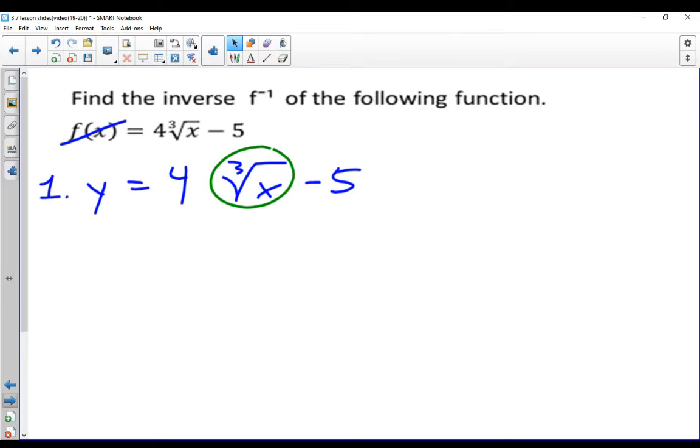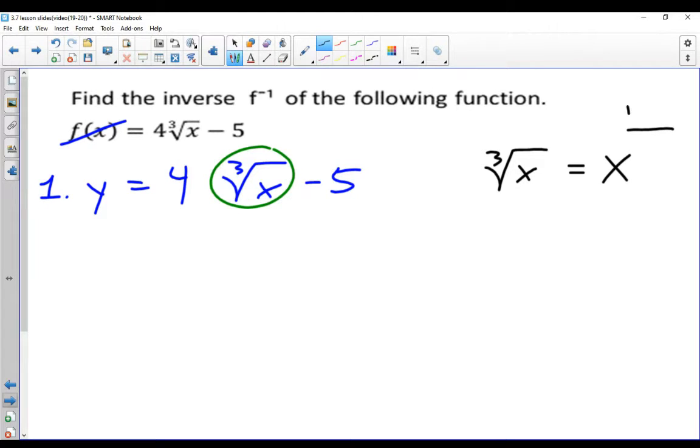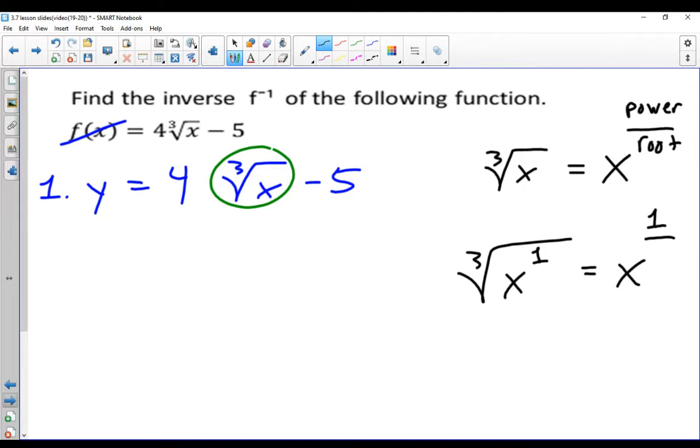Well, I need to ask you something real quick. Way back when, I taught you guys how to rewrite this cube root as a fraction power. In other words, if I took the cube root of x and realized my x has a power of 1, I could rewrite this as the power of 1 all over the root of 3.